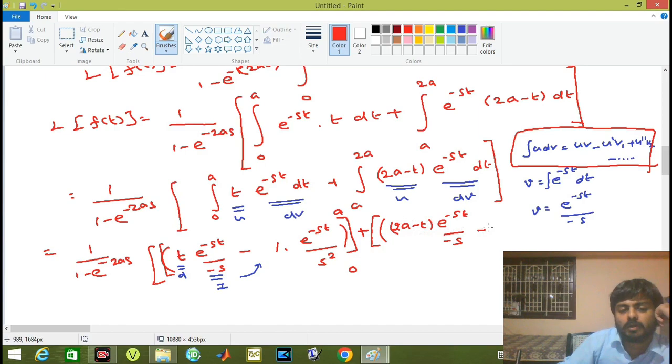So 0 minus 1, into, you have to integrate this. So you will get e power of minus st divided by s square.